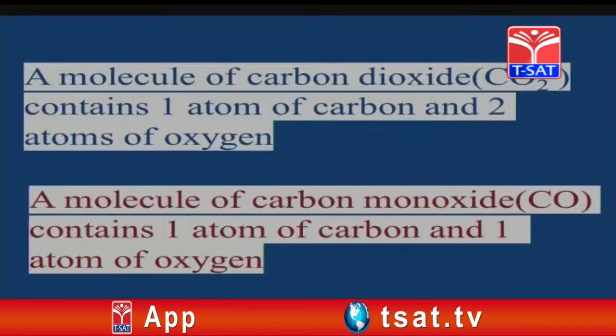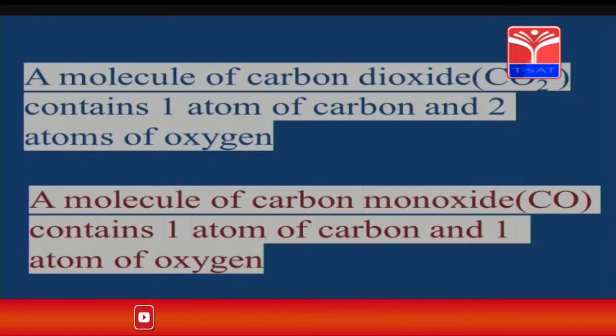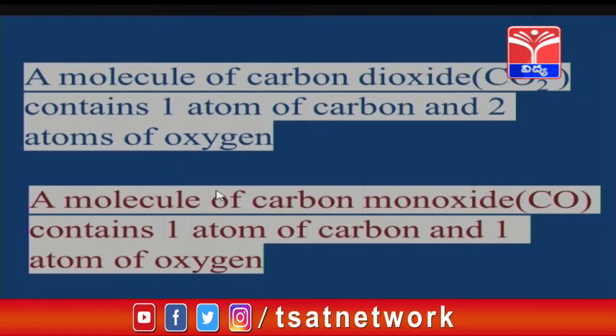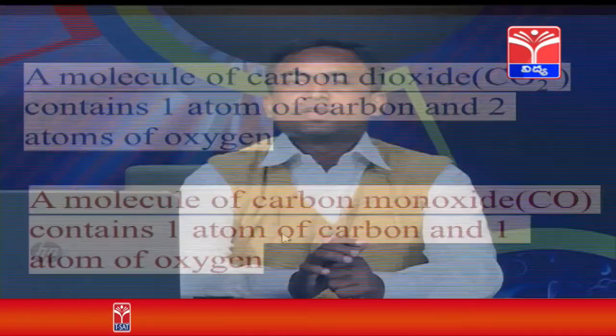A molecule of carbon dioxide, CO2, contains one atom of carbon and two atoms of oxygen. A molecule of carbon monoxide contains one atom of carbon and one atom of oxygen. You see here, carbon dioxide molecule is there and carbon monoxide molecule is there. In carbon dioxide, one carbon atom and two oxygen atoms are there.